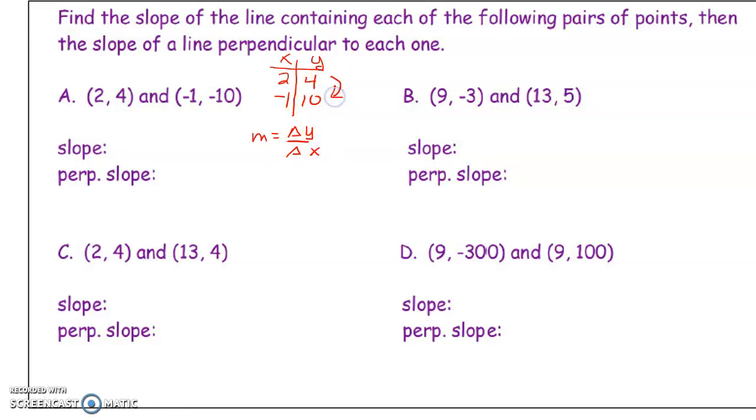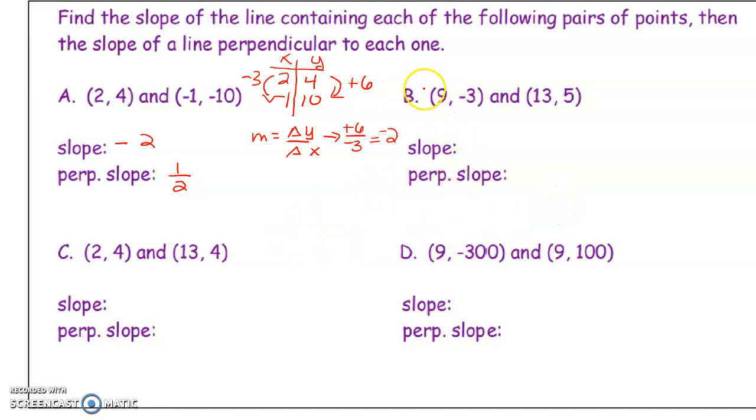So my change in y here is a +6, and my change in x here is a -3, making my slope -2. So the slope is -2, and my perpendicular slope would be a +1/2.